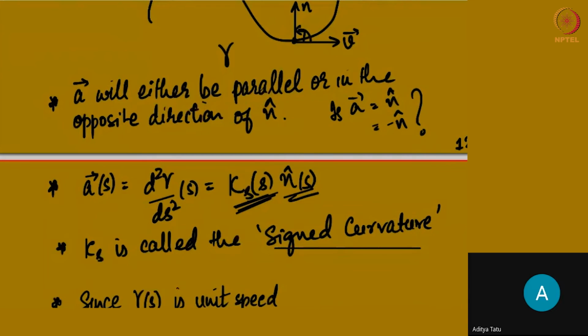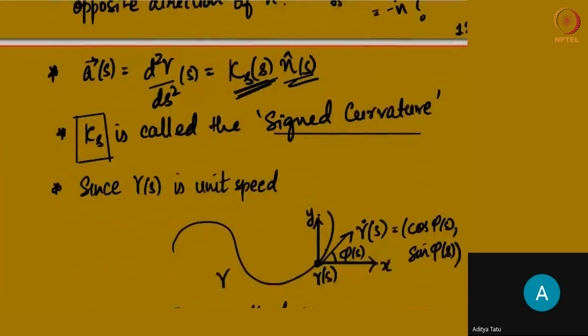The magnitude of the acceleration vector is something we had already defined as the curvature. So whatever is the magnitude of this, it has to come from curvature. The only difference is now, apart from that magnitude, there is also a sign to it. So taken together, this number kappa s at a particular point is what is called the signed curvature. Okay?